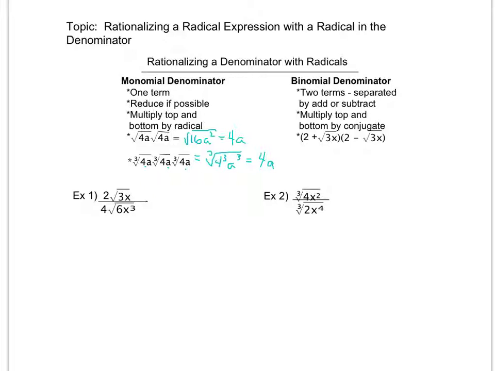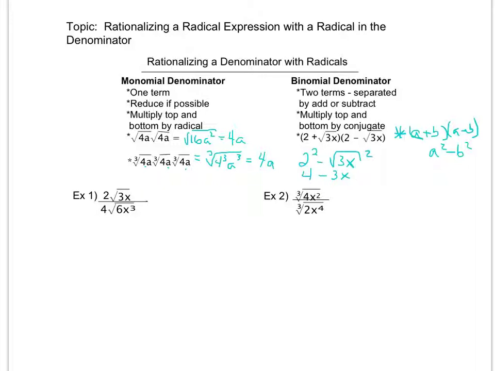When I multiply these, I can use FOIL, or I can use my formula that says a plus b times a minus b is just a squared minus b squared. It is slightly faster than foiling. Using that formula here, I would get a squared minus b squared, which would give me 4 minus 3x, since my radical and square cancel. So again, it does indeed get rid of that radical in the bottom.